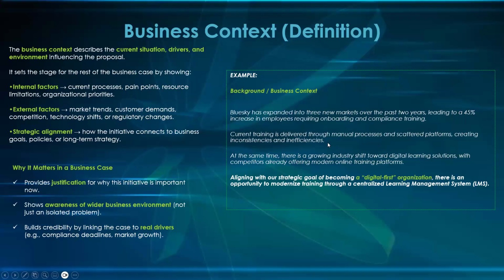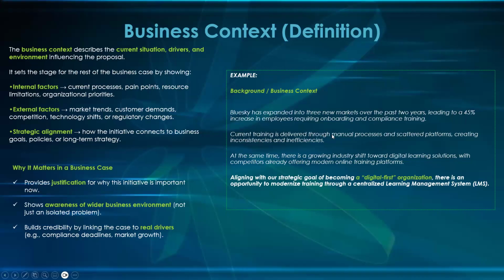You could see they've expanded. Because they've expanded, it has created an issue for them. Again, it's not really an issue yet because you are giving context. You're just giving why did we arrive at this project? So if we go to the next line, it says at the same time, there's a growing industry shift towards digital learning.